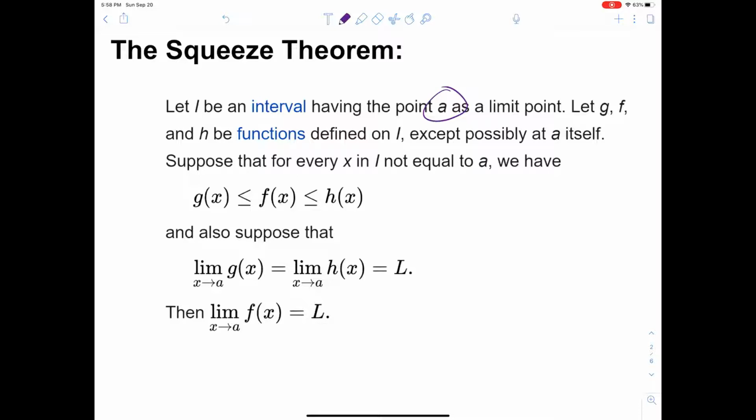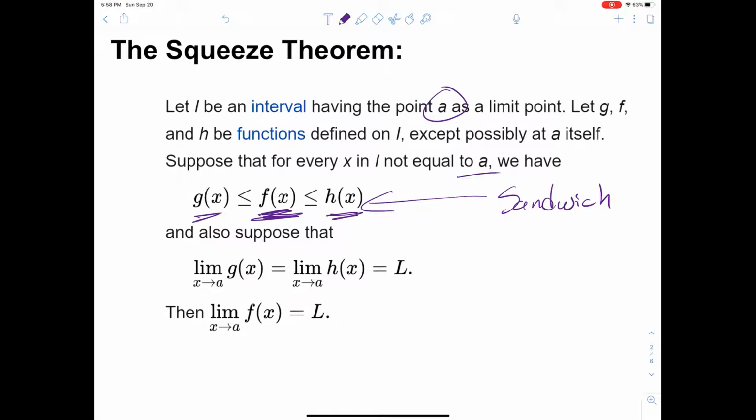Anything other than that little spot, you've got a problem, okay? Suppose that for every x in I not equal to A, so everything except A, we have this behavior, okay? So first off, we have a sandwich. We have been able to successfully sandwich the function that we care about between a high and a low. So the top function and the bottom function sandwich the function that we care about.